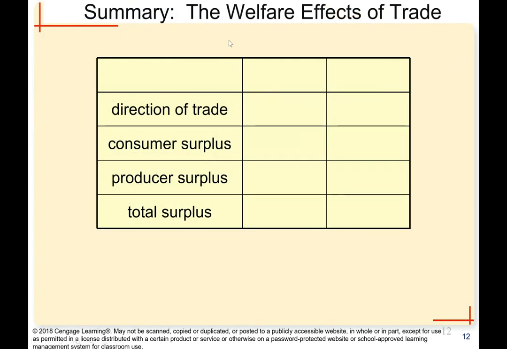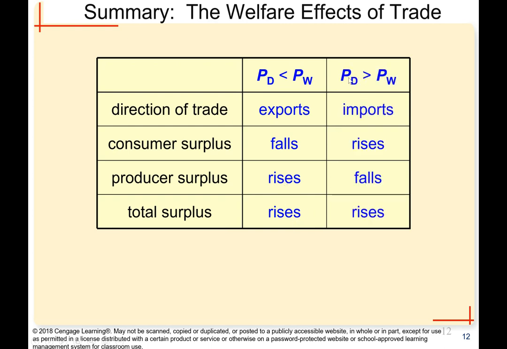So, summary, the welfare effect of trade. When domestic price is lower than world price, the country tends to export the good. Consumer surplus will fall. In other words, consumers lose out. Producer surplus gains because the prices have gone up, but total surplus also rises.